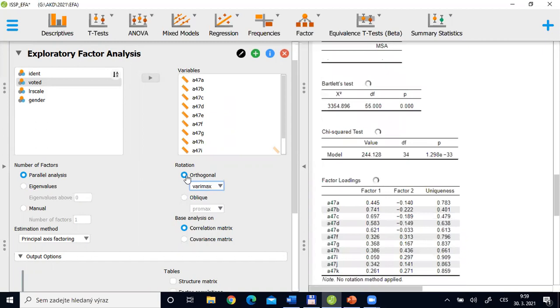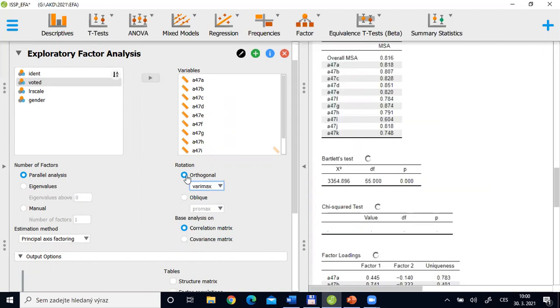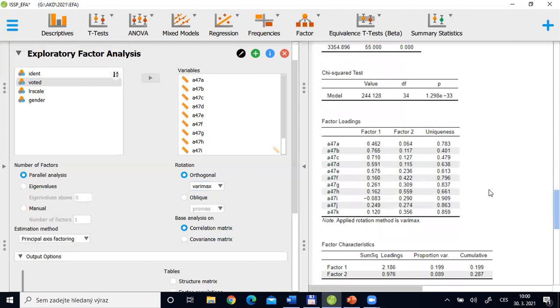So I would change it. And maybe the first and the second factor will be slightly different, and maybe the interpretation would be easier. Once again, the reason why we are performing rotation is usually that I would like to interpret my results more easily. So if the interpretation of my original first solution is easy enough, there is no space for rotation. So here it is, and I can see that this picture is slightly different.